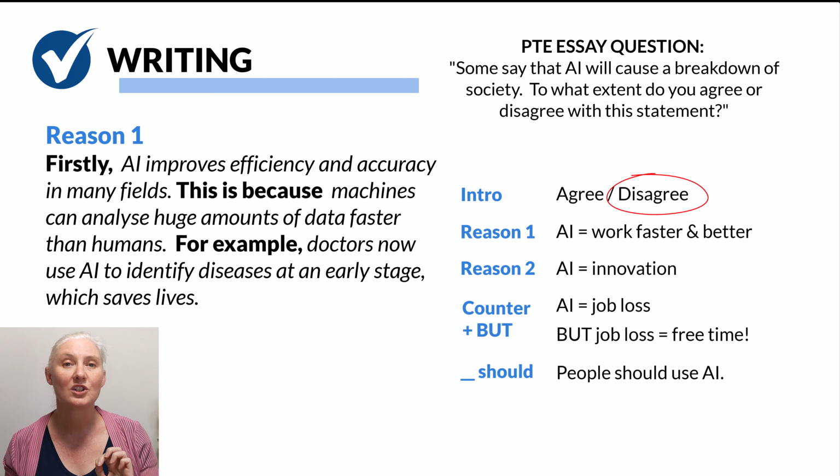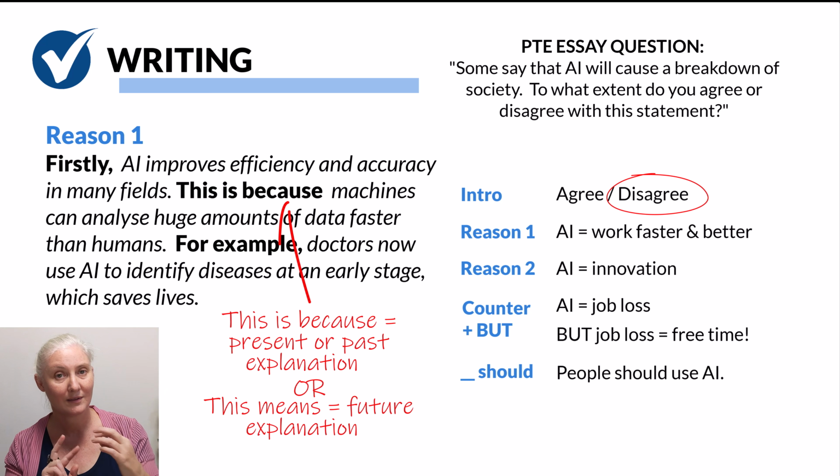This is because machines can analyze huge amounts of data faster than humans. So you've given the reason. This is because. Now, here, you can use "this is because" or "this means." I'm using "this is because" here because I'm talking about a reason for why AI now is already improving efficiency and accuracy.